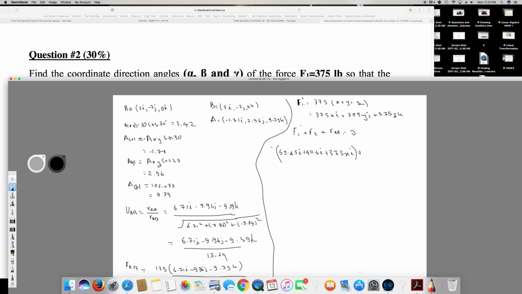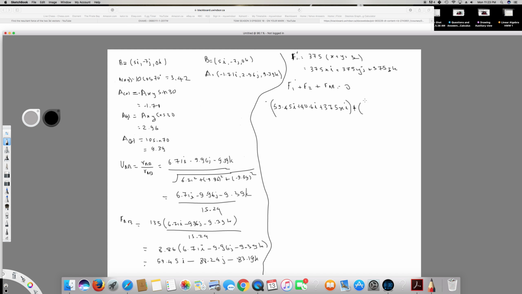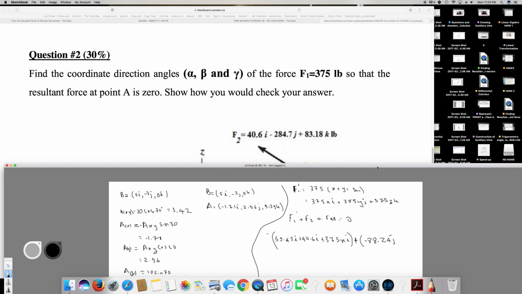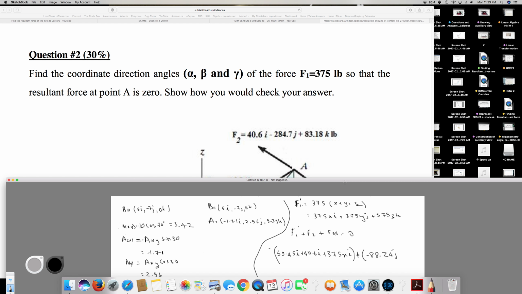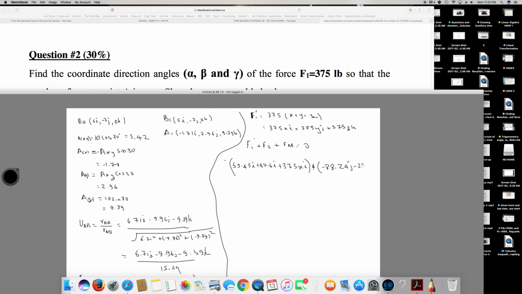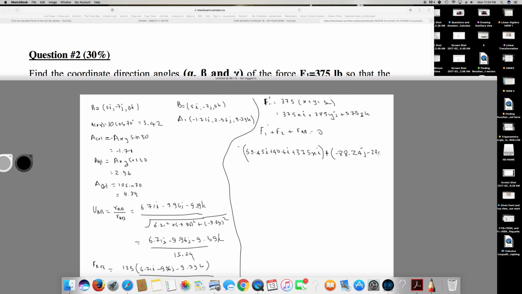Now let's add the j's together: 88.24 J minus 88.24 J, plus minus 284.7 J, and plus 375y J.